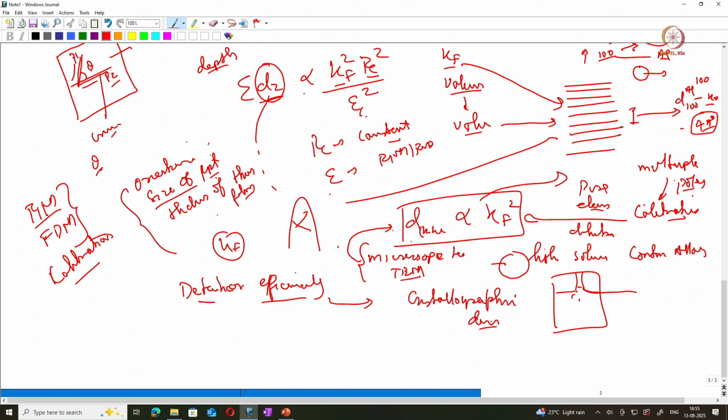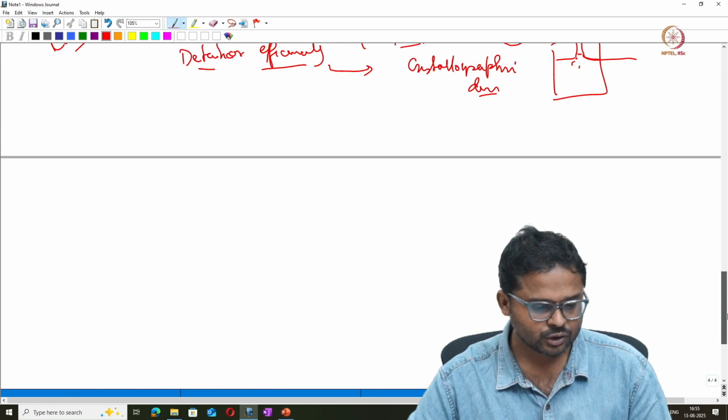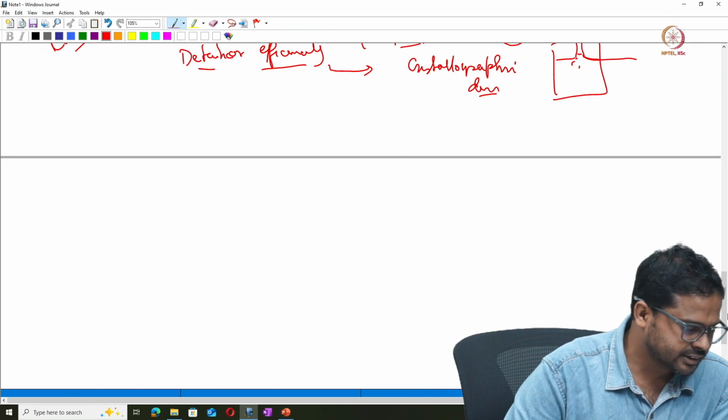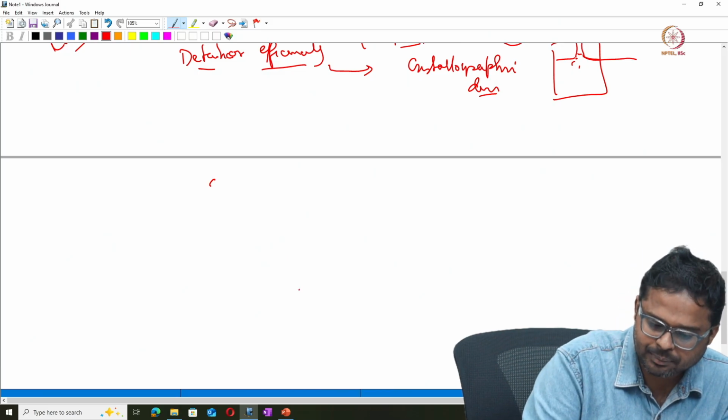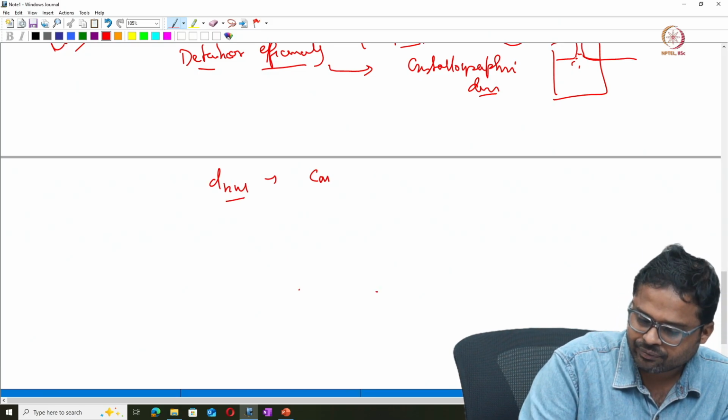This is similar to how to fine tune the KF values. If you have an interplanar spacing for any particular material, how do you estimate the detector efficiency, given that the interplanar spacing can be fixed?